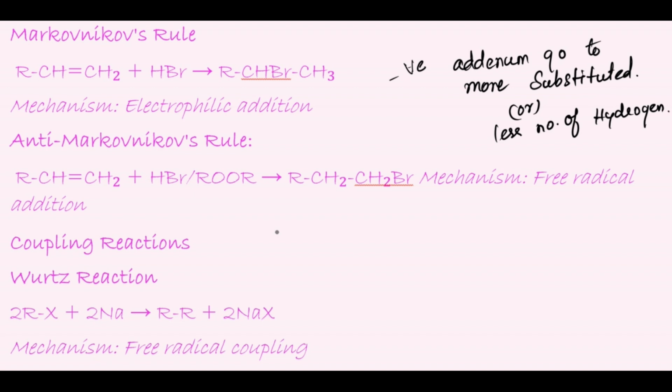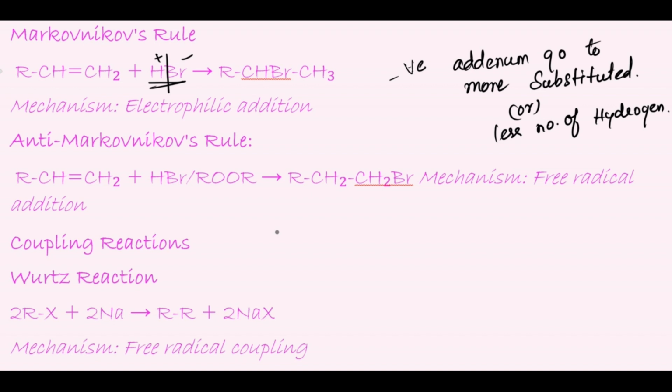You can also remember: if I am adding HBr, H plus and Br minus will form, right? So H plus will go to the carbon with more number of hydrogens, which is less substituted. Br minus will go to the more substituted carbon, which has less number of hydrogens. Just remember the famous dialogue, rich getting richer, right?